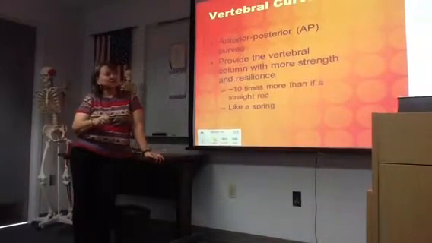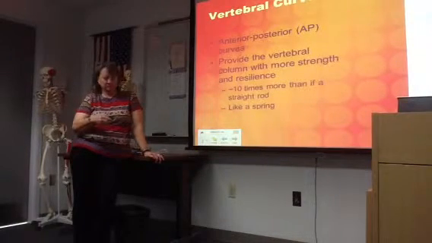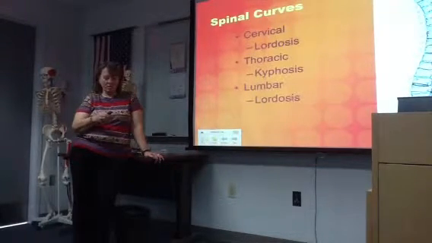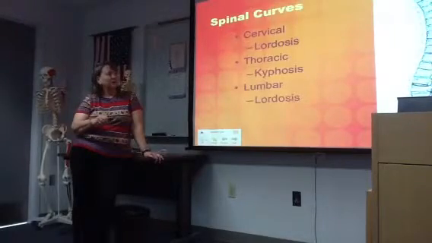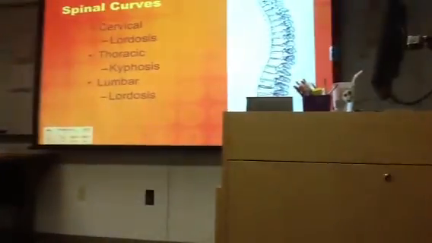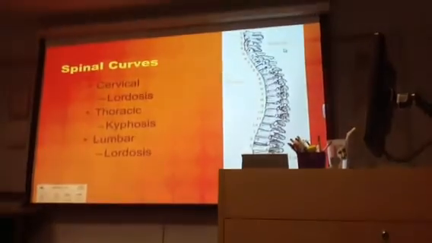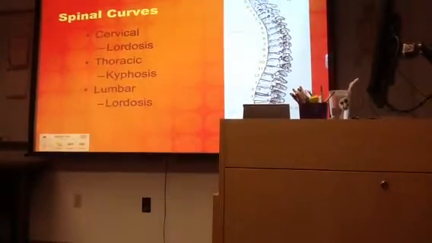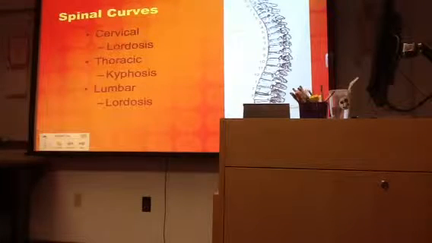And the thing you want to notice is there's some anterior curves and some posterior curves. Okay, so the spinal curves have names. And so the cervical curve is called lordosis. So if it angles to the front, it's a lordosis. If it angles to the back, it's kyphosis. So that's the thoracic area.